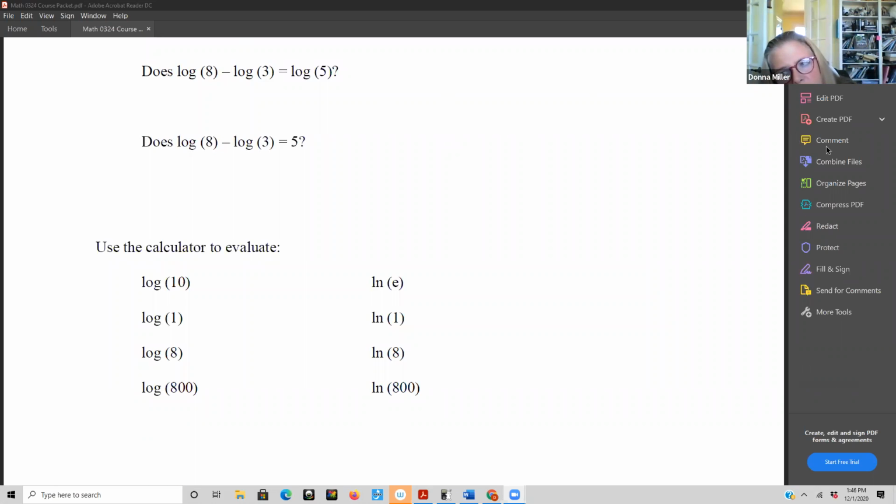So what a log does is it undoes an exponential. So I'm going to get my pencil out here. Okay, so if I have something like y equals a to the x, an exponent, and I want to do the inverse, the opposite, what I do is I do this log thing. I do log base a of y equals x.